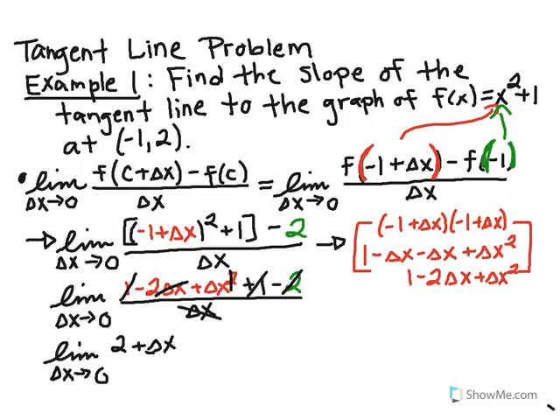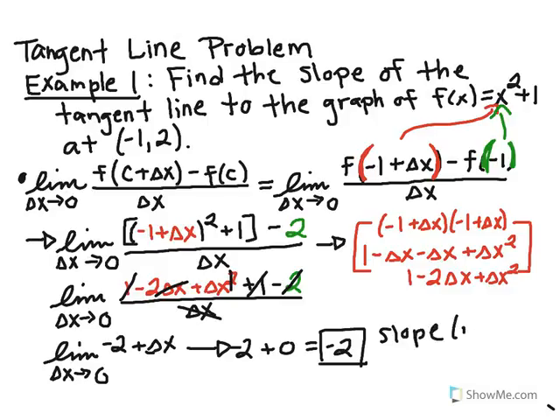So this is all I'm left with, 2 plus delta x. The only thing I haven't done yet is taken the limit as delta x approaches 0. When I use my substitution rules, this would give me 2 plus 0, which is equal to, I'm sorry, negative 2. And that number right here represents the slope, or m, at that point, negative 1, 2. So that's how we're doing problems like that.